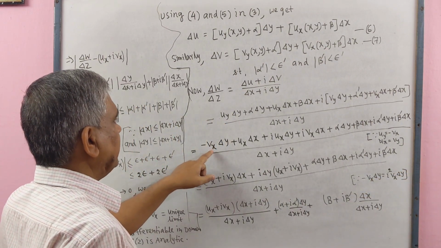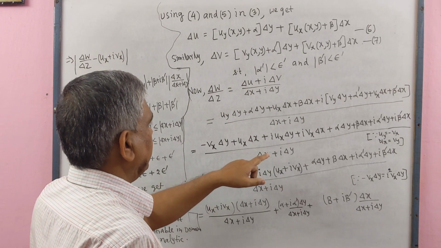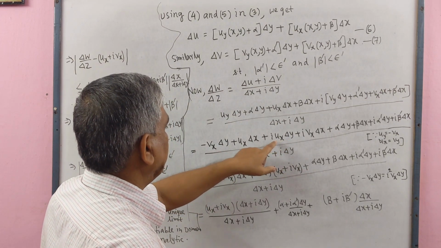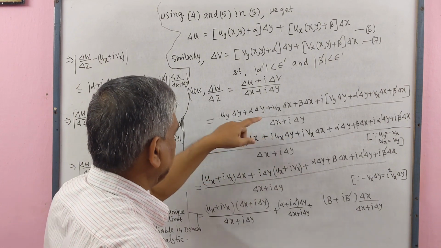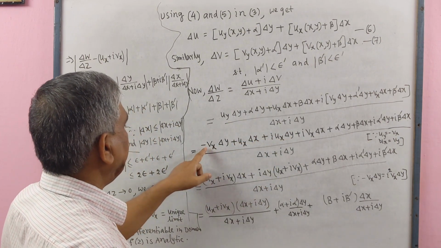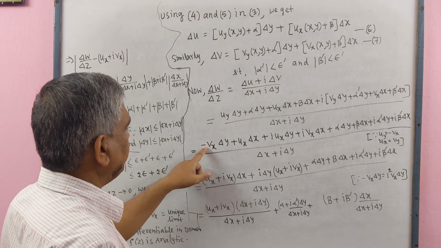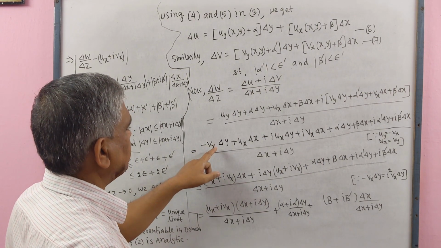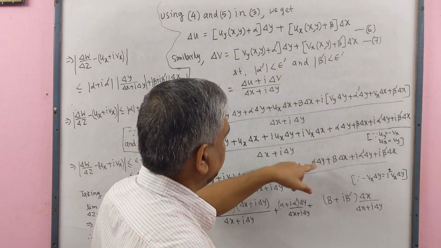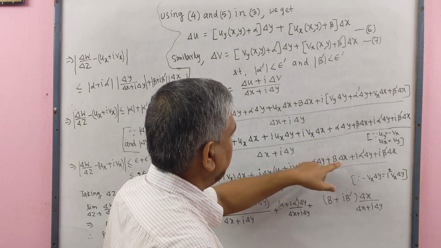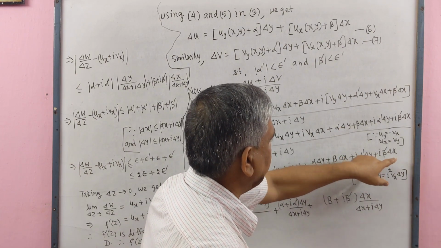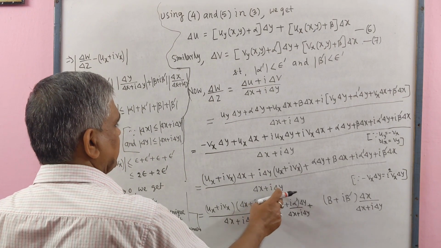So we take common i delta y, and here remains ux plus i vx, and the remaining terms are the same: alpha delta y plus beta delta x plus i alpha' delta y plus i beta' delta x, by delta x plus i delta y.